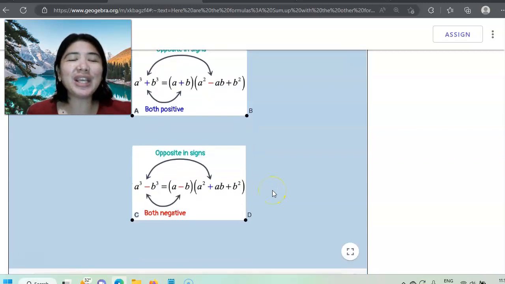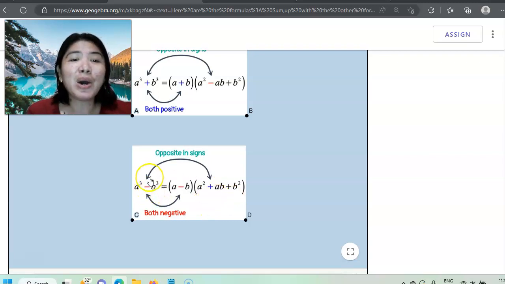Okay, so look at here in the special product difference of two cubes. So the sign of the second term of the special product is negative. So the sign of the second term of the binomial factor will also be negative. Same sign. And then since the sign of the second term of the special product difference of 2 cubes is negative, then the sign of the second term of the trinomial factor will be opposite to negative, which is positive.